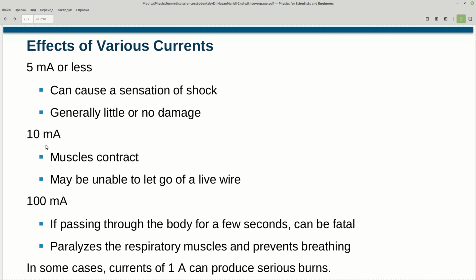We need to talk about the ground wire. In the situation shown in the picture, the live wire has come into contact with the drill case. So we have the wall outlet. Here is something like the American system, because we have the American course of physics for medical students from Professor Mouridine from Yemen University.